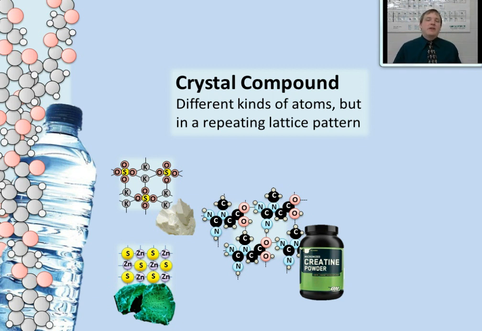So in this case, we have the same type of molecule throughout, but it's a crystal compound because even though it's the same type of molecule, exactly the same atoms bonded the exact same way, those molecules are arranged in a repeating crystal lattice pattern. If you see that crystal lattice in the background, it has to be a crystal substance, and in this case, it's a crystal compound because there's more than one type of atom.